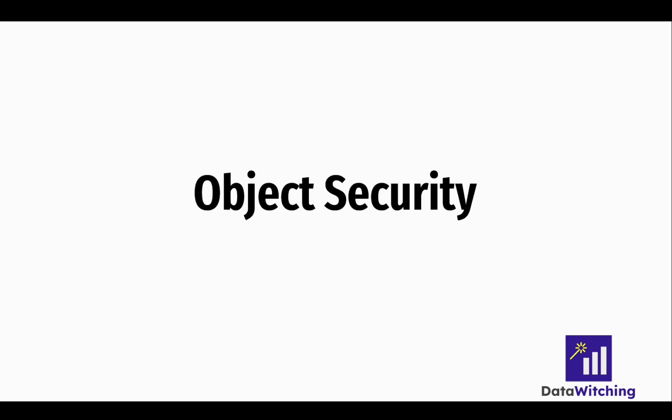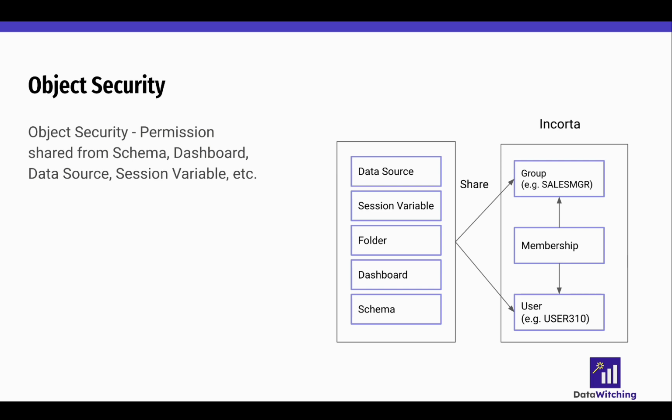The next thing I'm going to talk about is object security. By default, an object such as a dashboard or folder is only accessible by its owner. Object security enables an object to be accessible by other users in addition to the owner. For integrating object security with GD AdWords, we assume that those groups can be created and maintained within the GDE application.